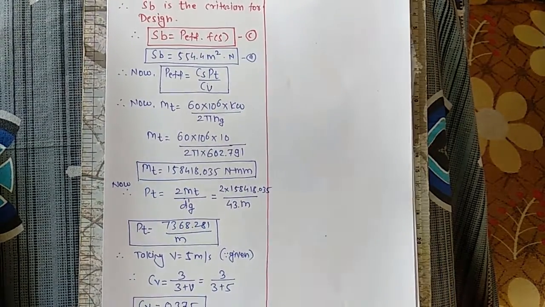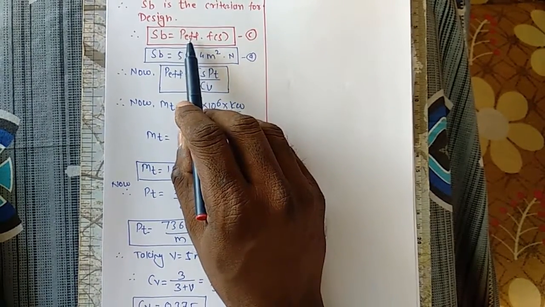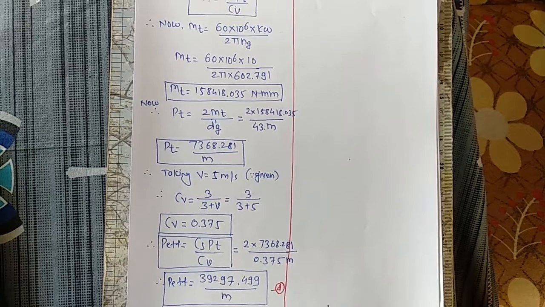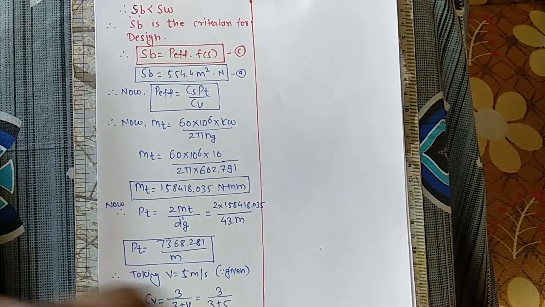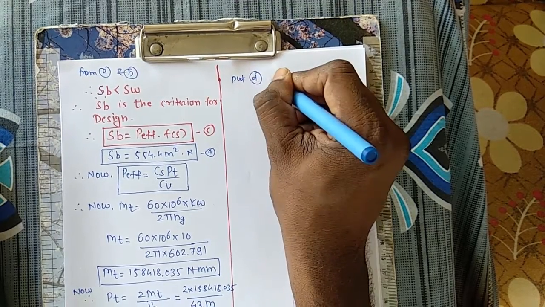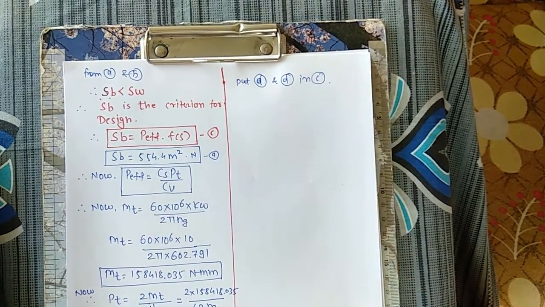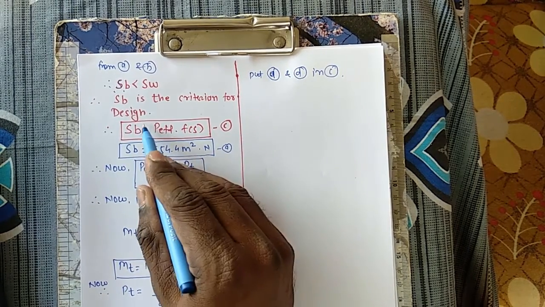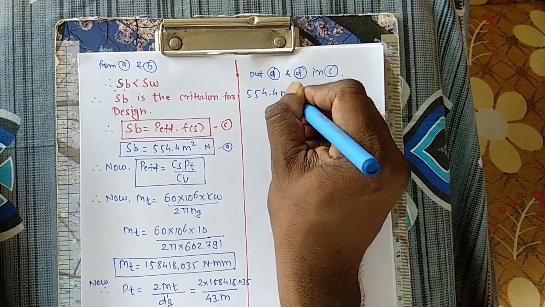Here we have already calculated SB, which is 554.4 m square in equation A. Now we have calculated P effective as 39297.499 in equation D. So we will put equation A and equation D in equation C. So SB from equation A is 554.4 m square.